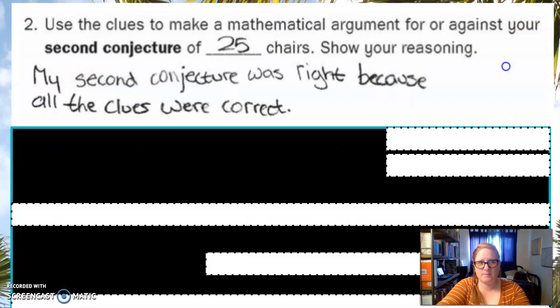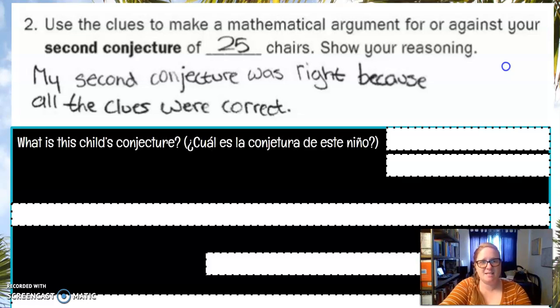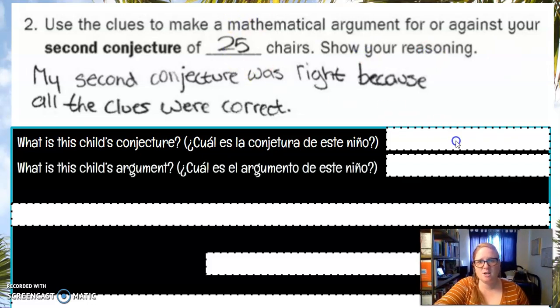Now this is your turn. Use the clues to make a mathematical argument for or against your second conjecture of 25 chairs. Show your reasoning. My second conjecture was right because of all the clues were correct. So, what is this child's conjecture? What's their guess? You would put it right here. What's their argument? Their argument is right here.